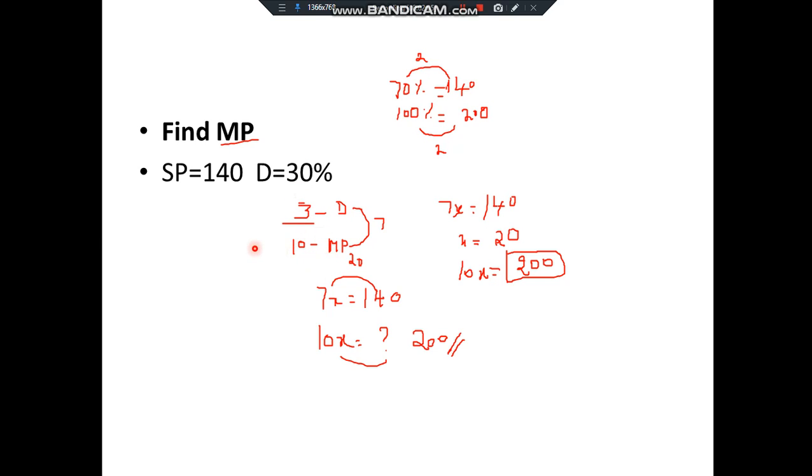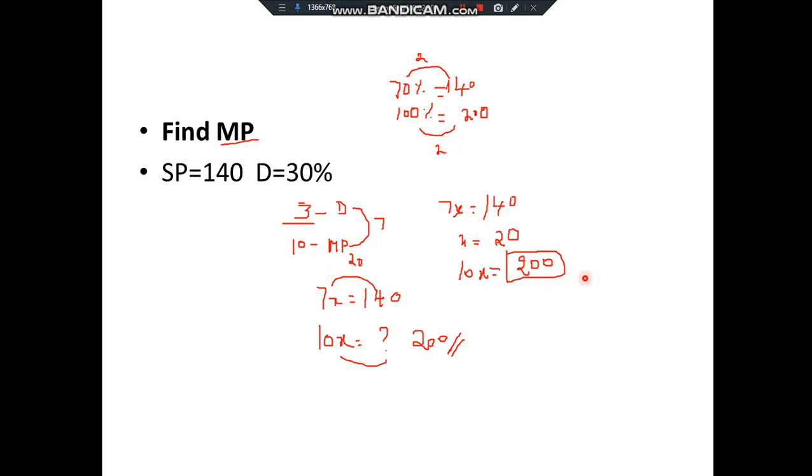So now the difference between market price and discount will give you selling price, right? Why do we find the difference? Because we'll have to equate it to the given selling price 140. So 7x is equal to 140, x is equal to 20. Now our aim is to find market price. So market price is nothing but 10x. So 10 into 20, which is 200.